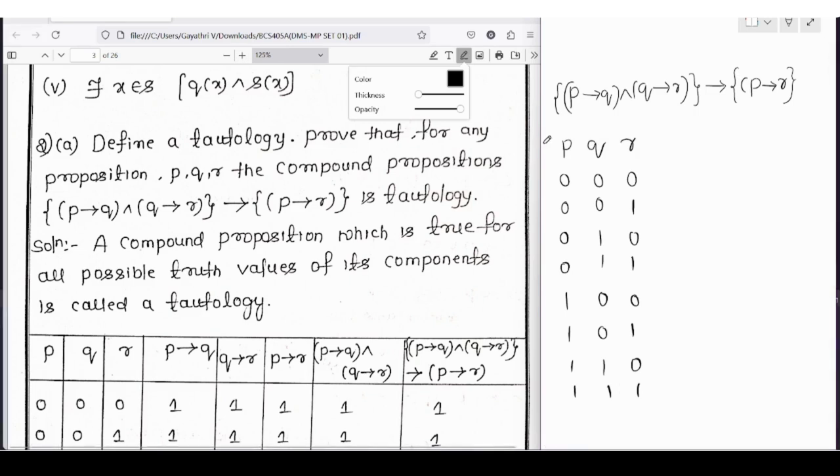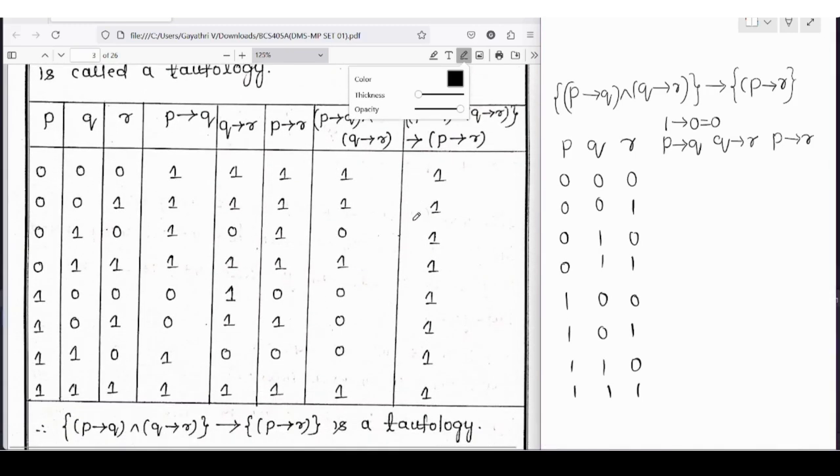First you need to find P conditional to Q, next Q conditional to R, and next P conditional to R. For a conditional, if you have 1 conditional to 0, then the value will be 0. Otherwise, in all other cases it will be 1. Look at the PDF here.